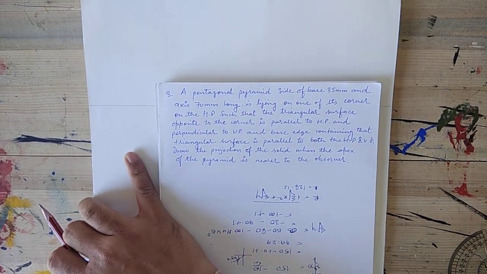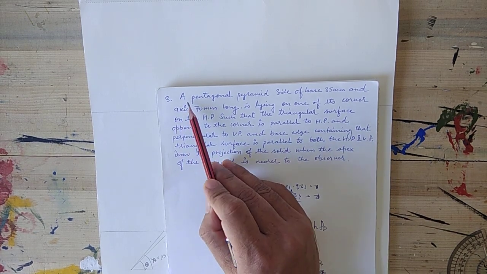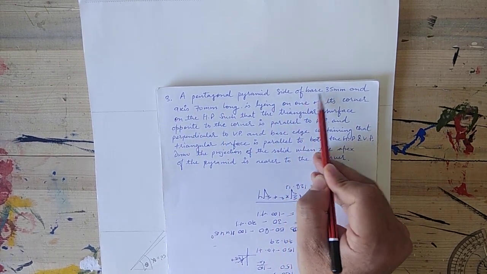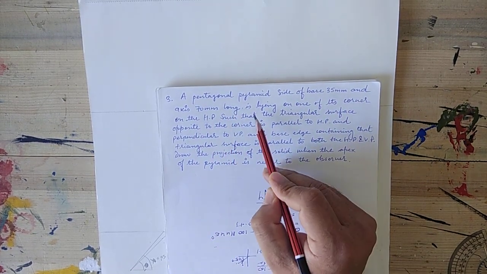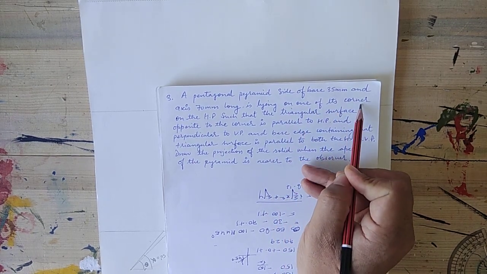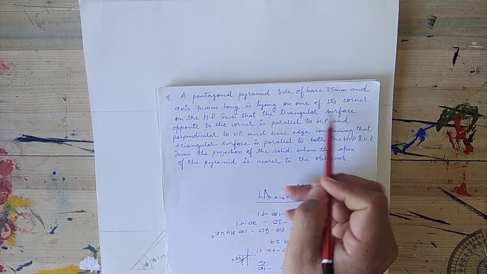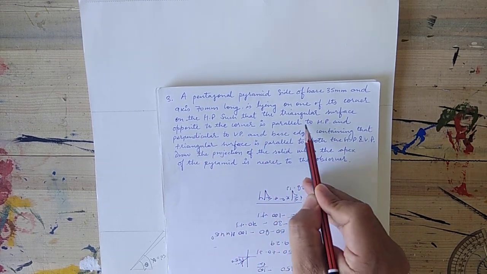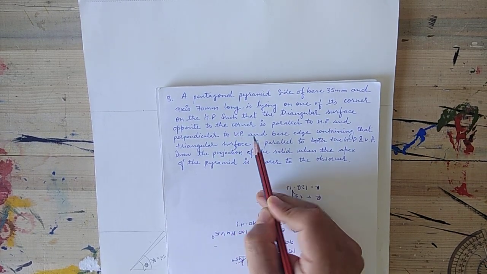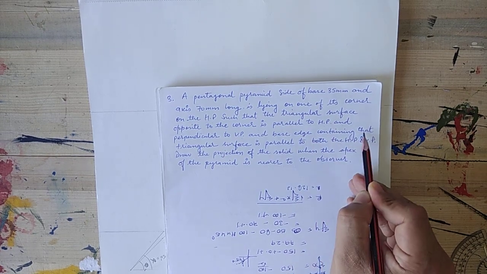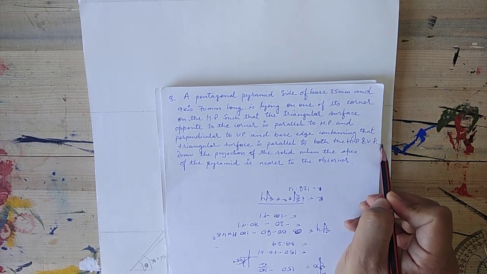OE class. Question number 3 of your assignment, projection of solid. A pentagonal pyramid, side of base 35 mm and axis 75 mm long, is lying on one of its corners on the HP such that the triangular surface opposite to the corner is parallel to HP and perpendicular to VP, and the base edge containing that triangular surface is parallel to both the HP and VP.